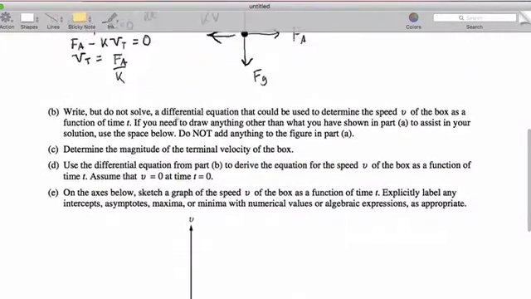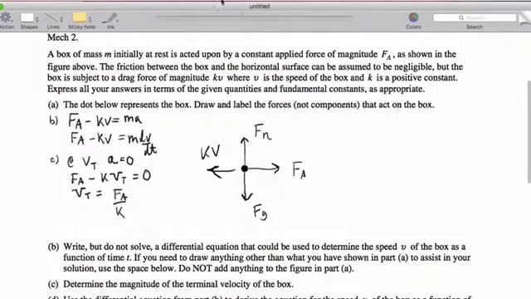Now for part D we do want to solve the differential equation, so we're going to go ahead and do that now. So we're going to say that Fa minus kv equals m dv dt.